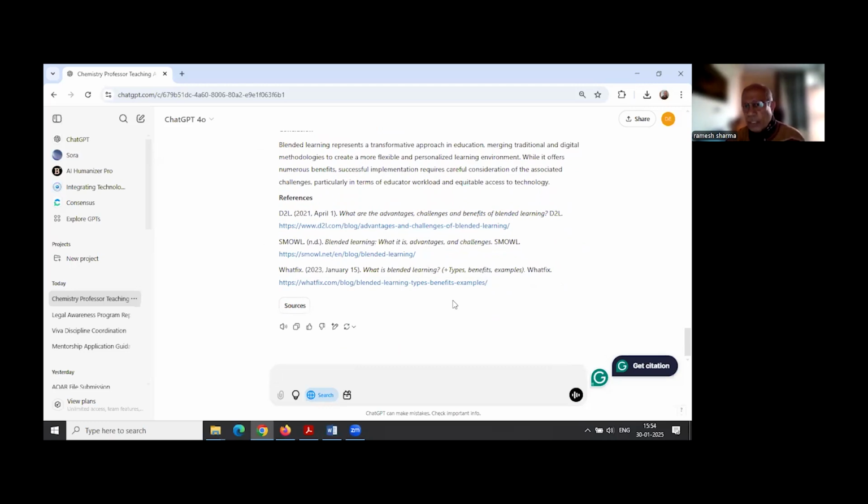You can upload your Excel sheet, and not only that, if you tell it, okay, write the Excel formula to calculate percentage of data, let us keep it simple.